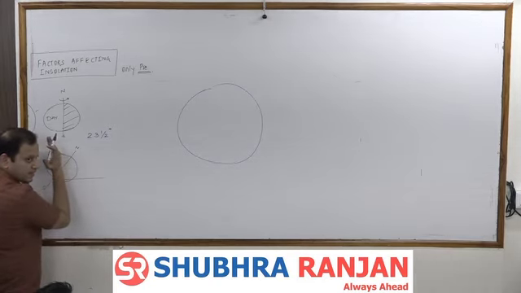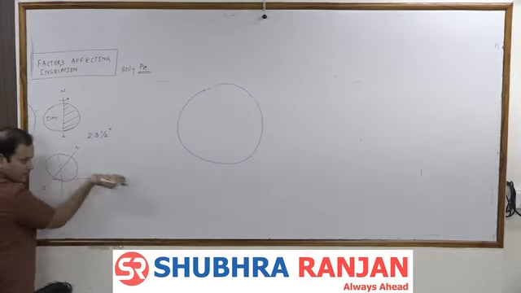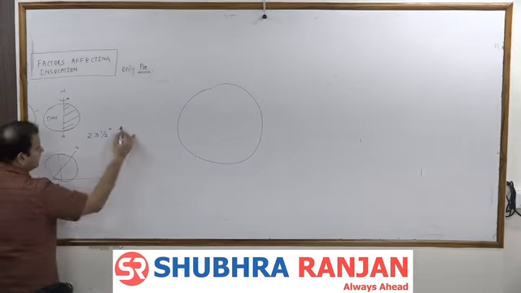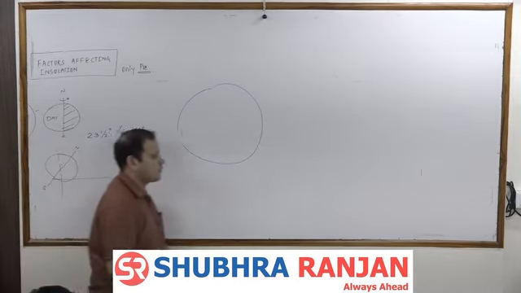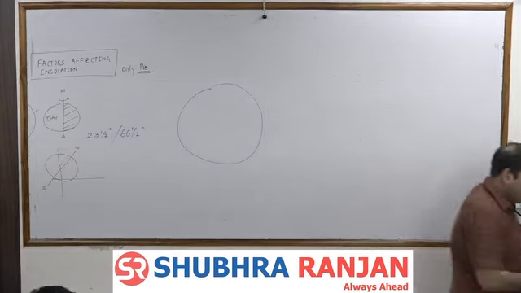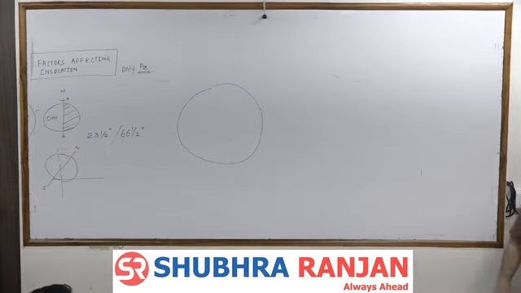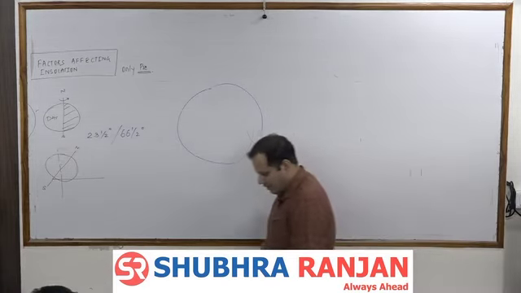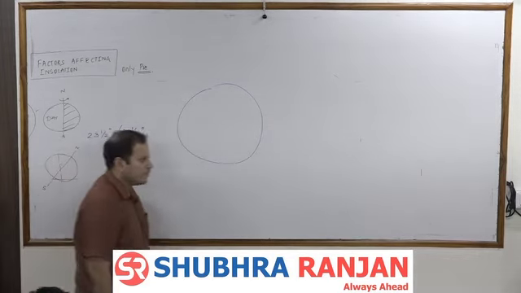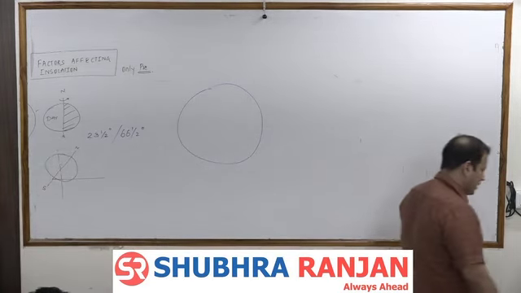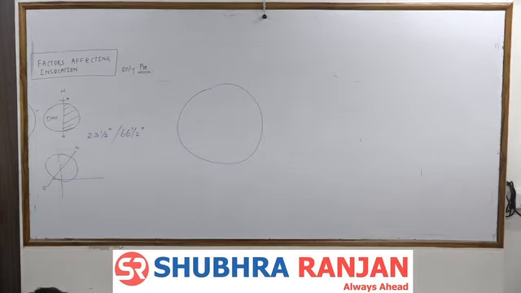Axis is vertical, plane is horizontal. And it also revolves around the sun. There is variation in the length of day and night.